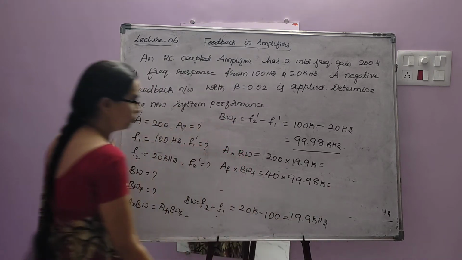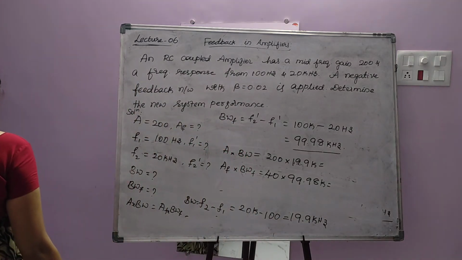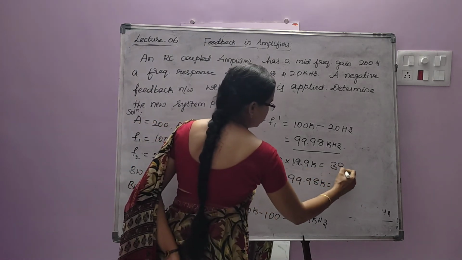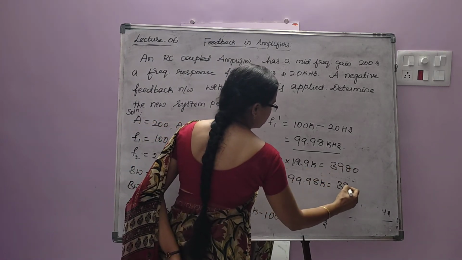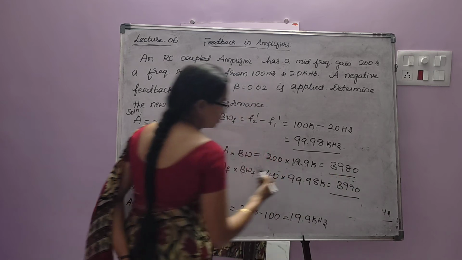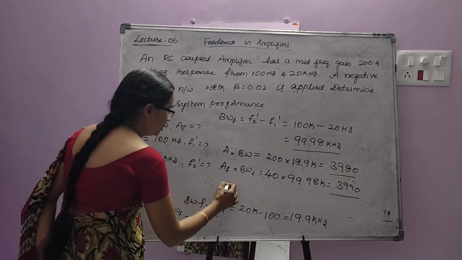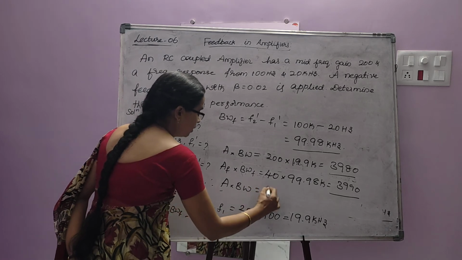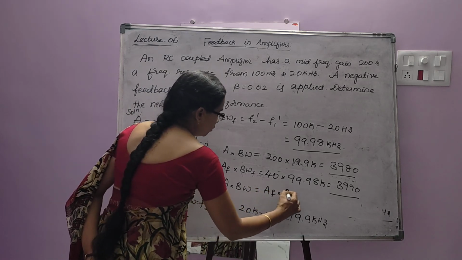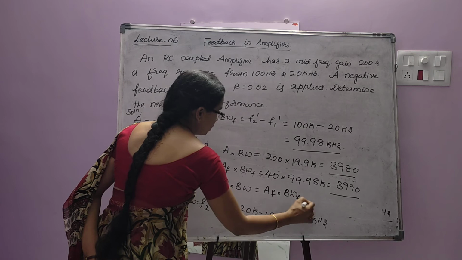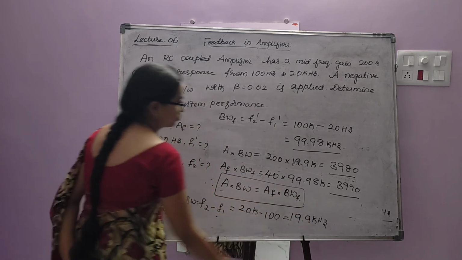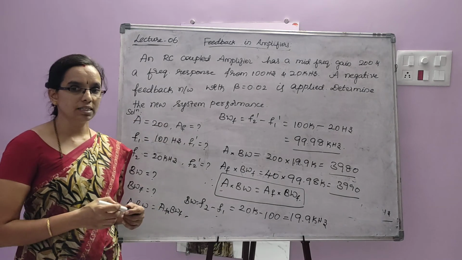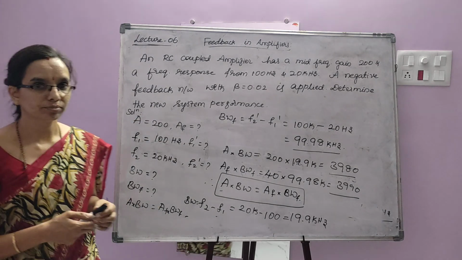So calculate both, you will get around 3980 and 3990, approximately equal values. Therefore you can tell the gain bandwidth product will be constant for the amplifier. So if the problem is asked, you have to calculate all these things. Okay.